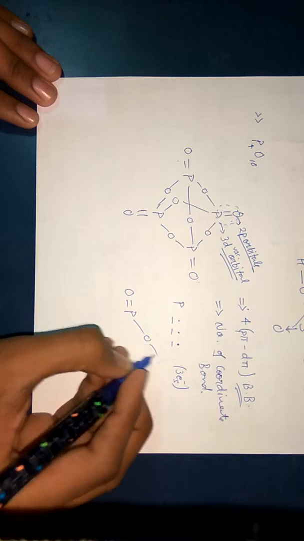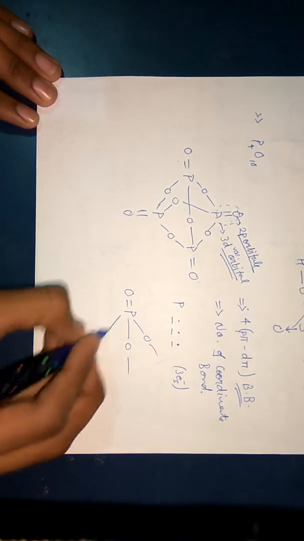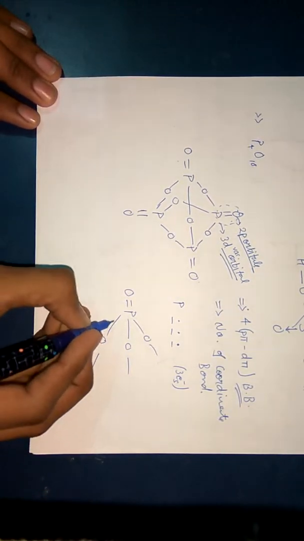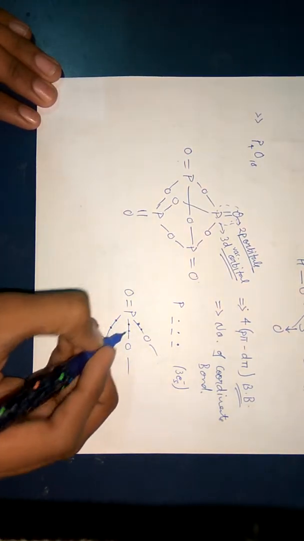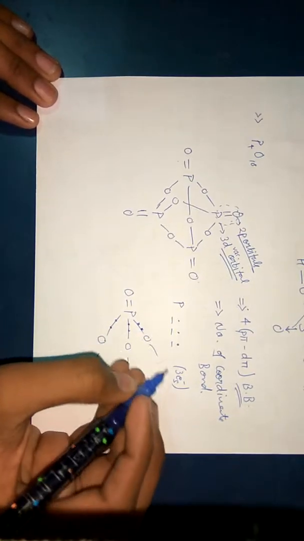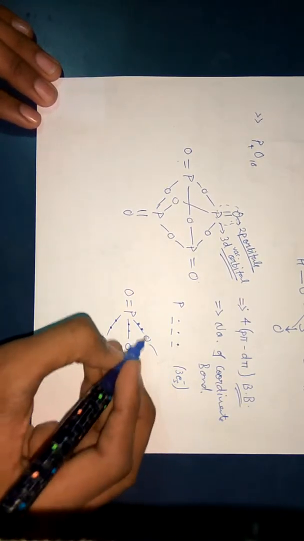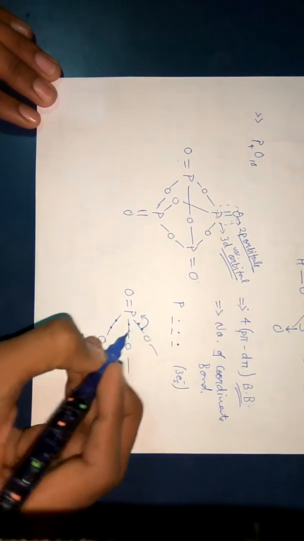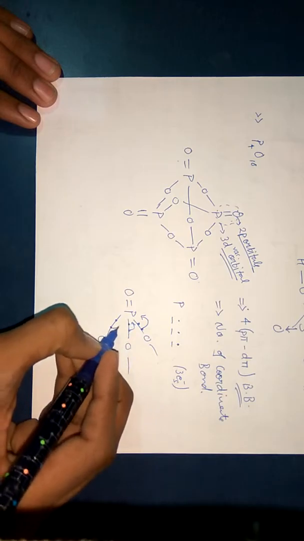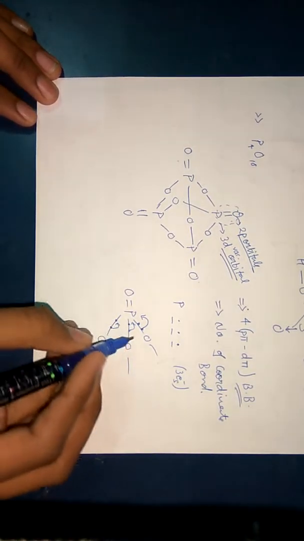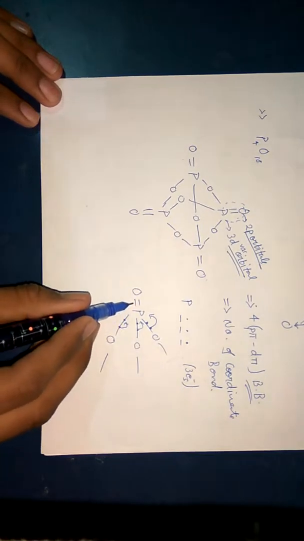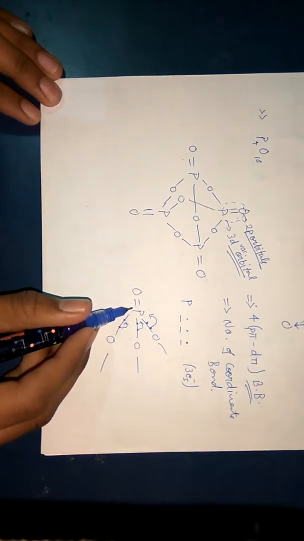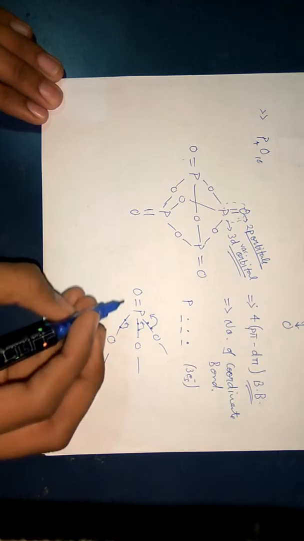I'm not drawing the complete structure, to simplify our task. Here are two electrons in a single bond. Now phosphorus needs 3 more electrons. Let one electron come from here, one from here, one from here. Now 3 electrons have jumped towards phosphorus, and it seems there is no need of this double bond. The single bond can work out properly.